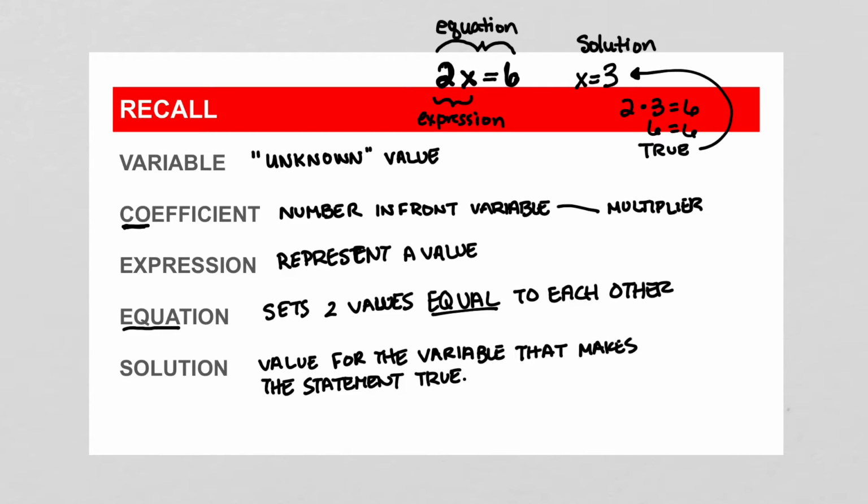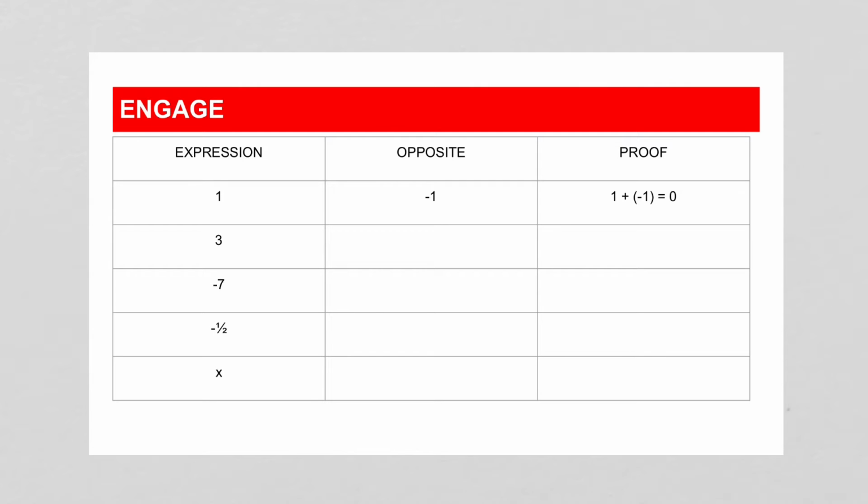Now we're going to engage our brains a little bit and go back to some things that we know. Let's think about this. The expression or the term 1, just the number 1, that's a constant. We know about that. And we know that the opposite of 1 is negative 1. And how can we prove that? Well, 1 plus a negative 1 equals 0.